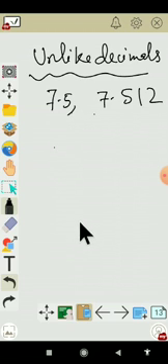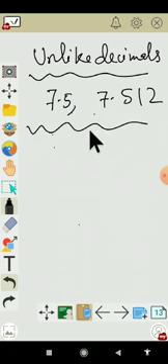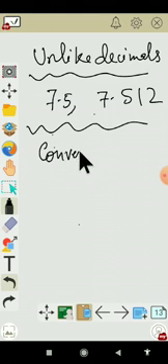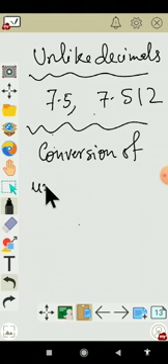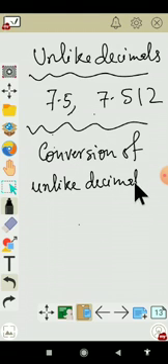So to add or subtract two decimal numbers, we always make them like decimals. So how do you convert unlike decimals into like decimals? Now we will learn about the conversion of unlike decimals into like decimals.